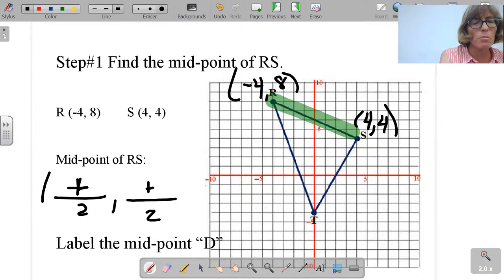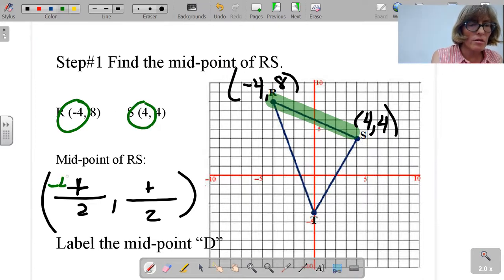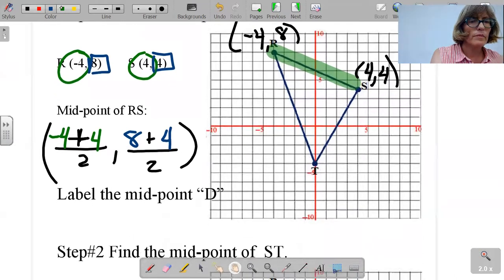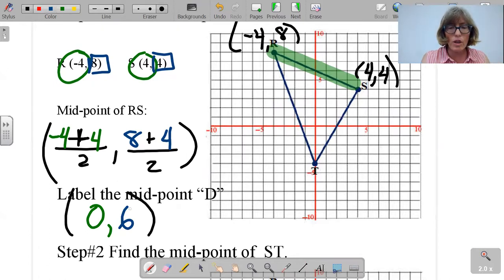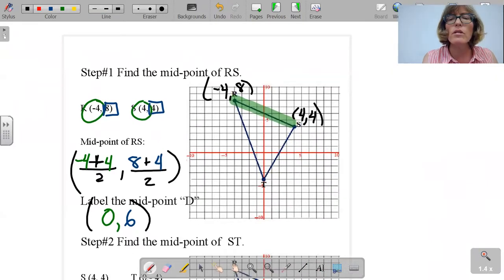We're proving mathematically what that midpoint is. Add the x's. Divide by 2. Add the y's. Divide by 2. That's -4 plus 4. That's 0 over 2. That's going to get us 0. And that's 12 divided by 2. That gets us 6.